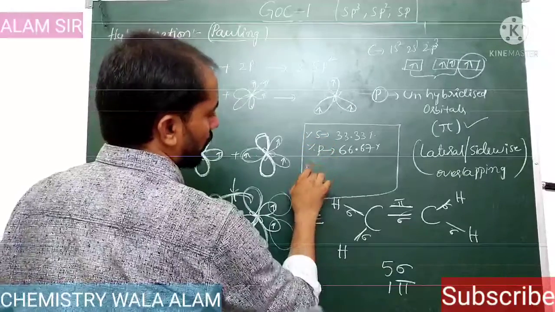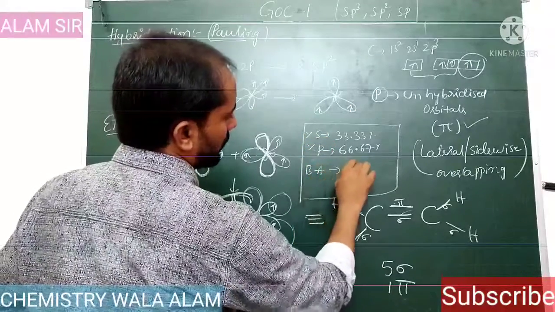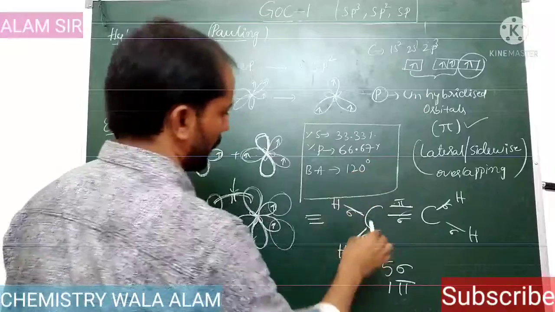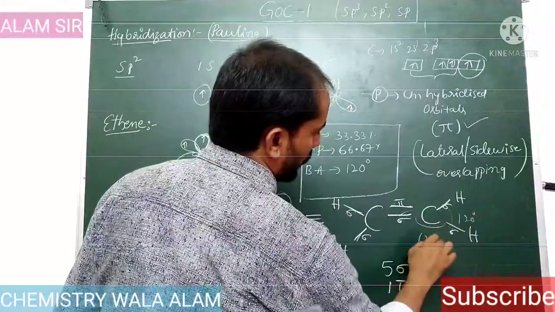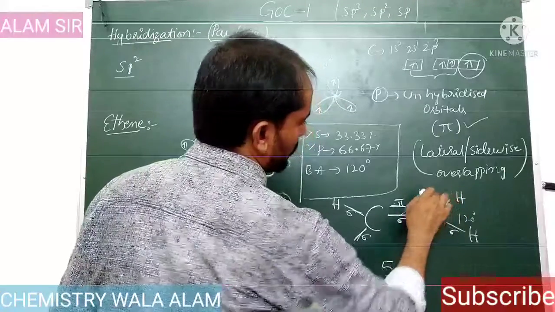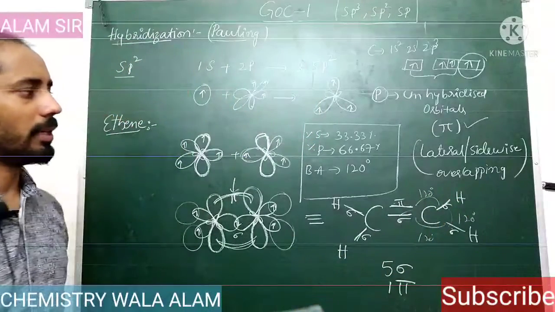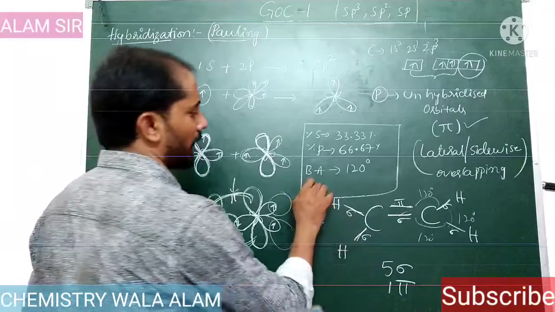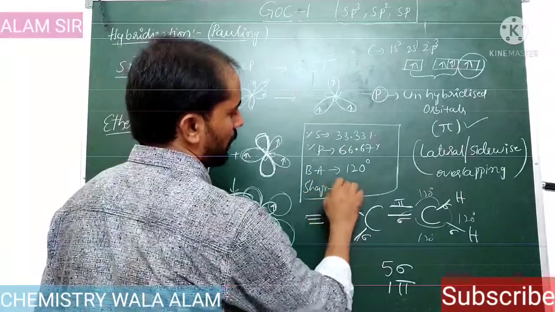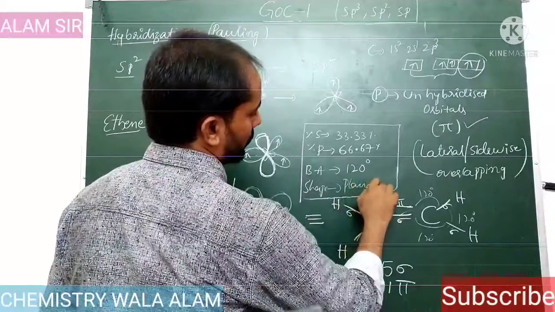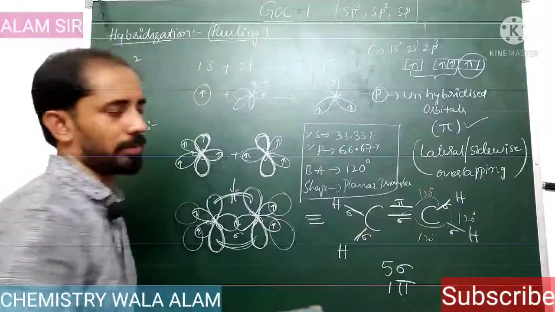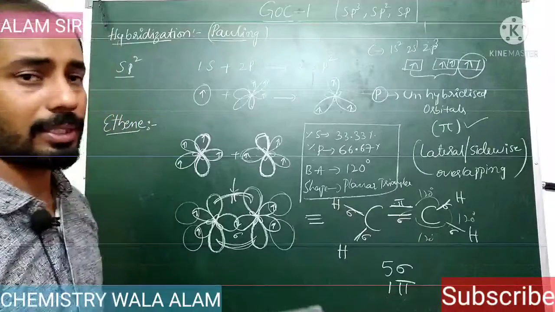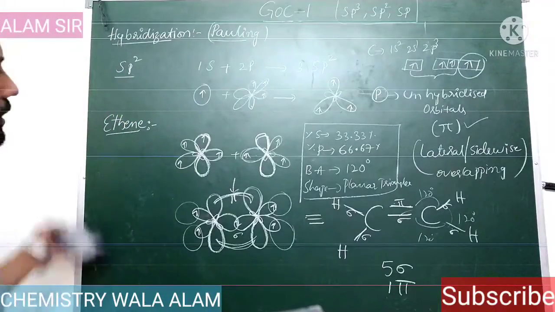Bond angles are 120 degrees between any two. The shape of the molecule is planar triangle or trigonal planar. This is the sp2 hybridization.